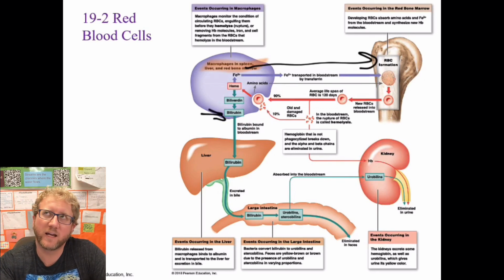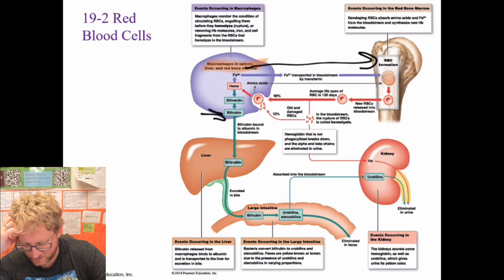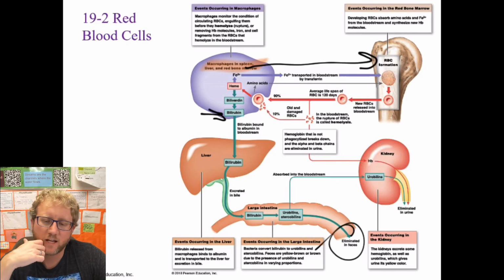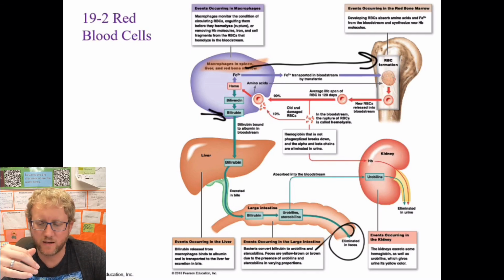Buildup of bilirubin, by the way, is jaundice, because bilirubin is sort of yellowish. But basically what ends up happening is bilirubin is excreted by the liver in the form of bile, and then eventually basically you poop it out. So that's why one of the signs of liver failure is jaundice, is because you're not excreting this bilirubin.